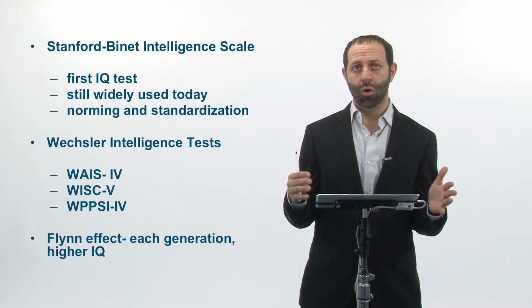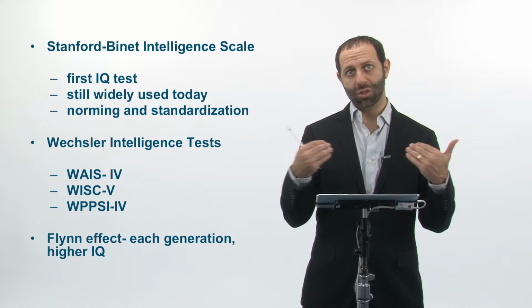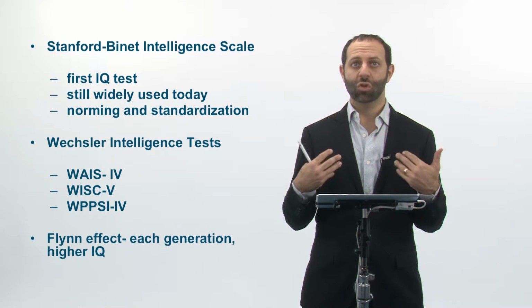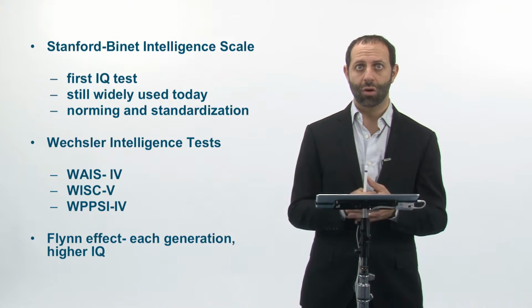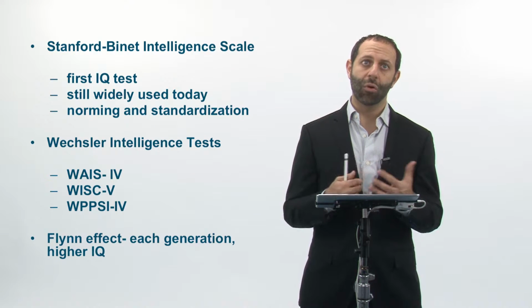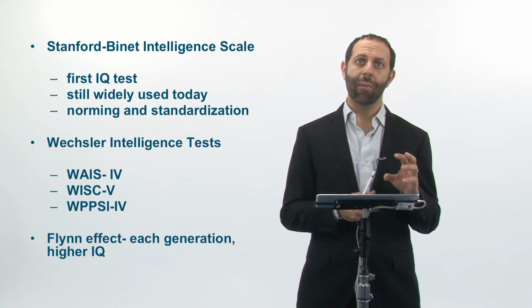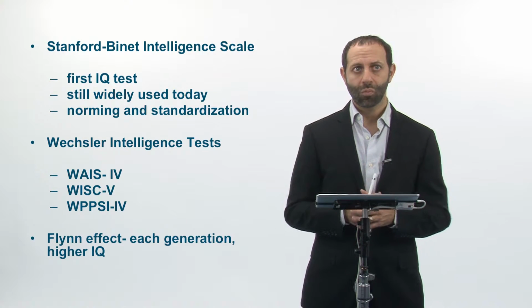And based on those norms, we can compare a person's particular scores on the test to the norms of their age or education level, and that will result in a measurement of intelligence.